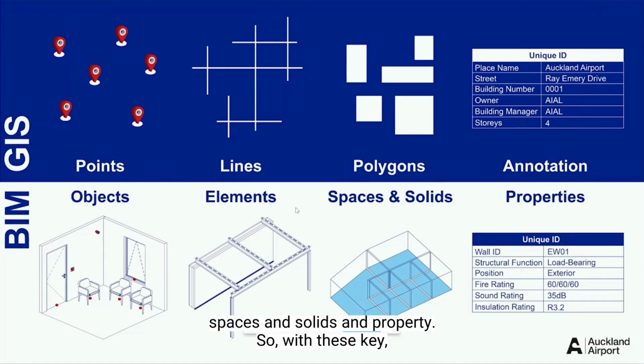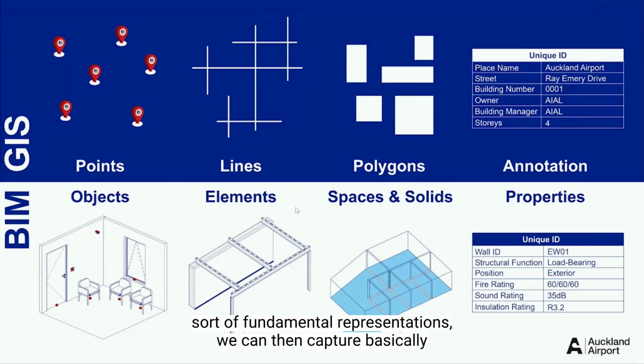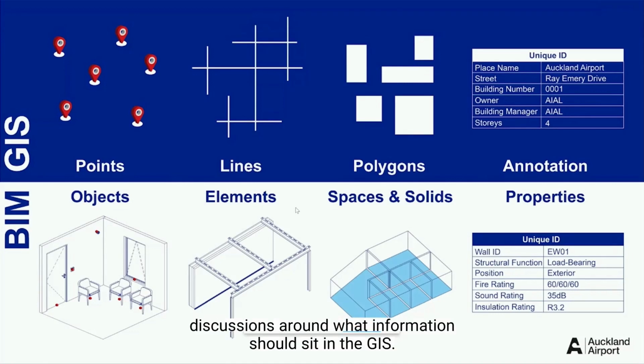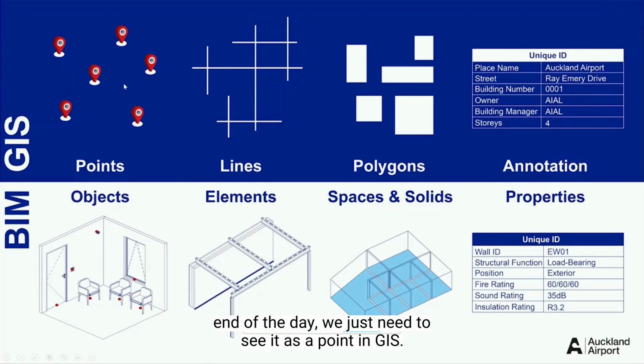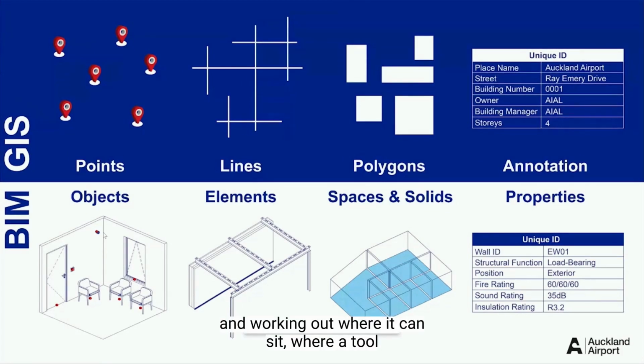With these fundamental representations, we can capture basically everything that we need to capture at the airport. A lot of our discussion is around what information should sit in GIS and what should sit in BIM. In some cases the data might originate in BIM as an object, but at the end of the day we just need to see it as a point in GIS. So it's really working out the data that's actually needed and where it can sit.